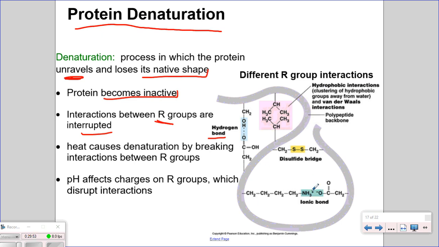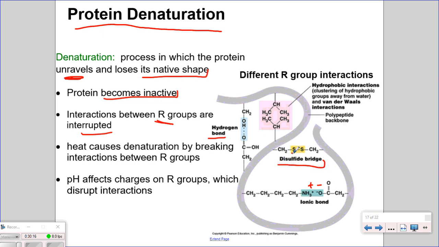Amino acids that have positive and negative charges in their R groups are going to associate together to create ionic bonds between different portions of the protein or different portions of that amino acid sequence. And then you can have what are called disulfide bridges.